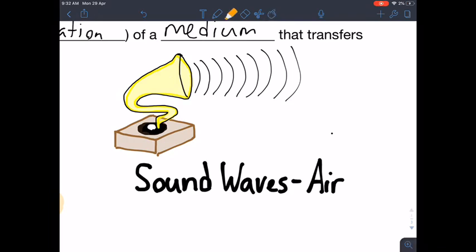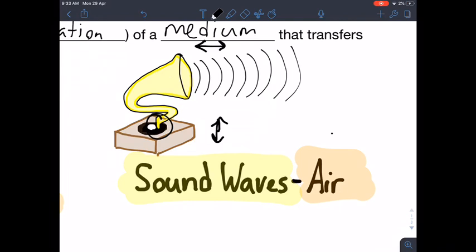Let's use the example of sound waves next. Sound waves are a type of wave, and the medium for a sound wave, in this case, is air. Those sound waves can travel through a variety of different things, different materials, and different media. The oscillation here is that the vibration of the needle down here on the record creates an up and down oscillation that is transferred into back and forth oscillations of these air molecules.